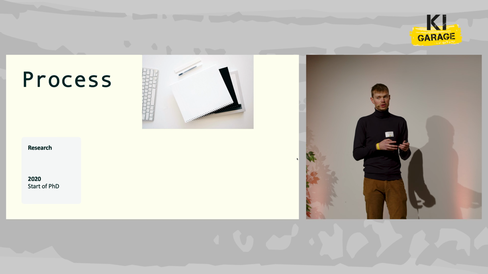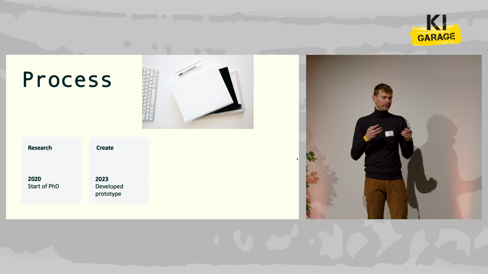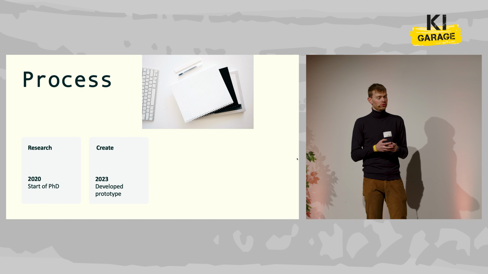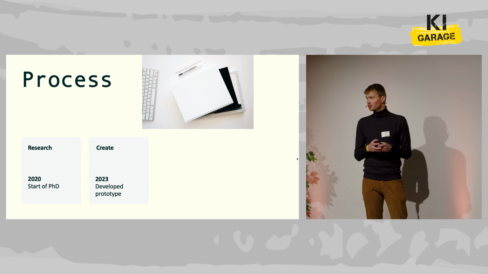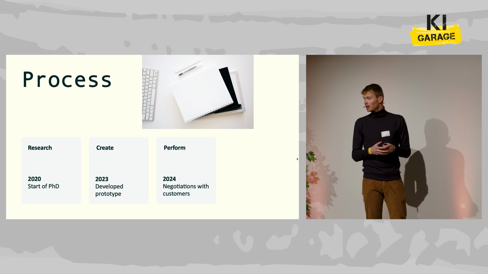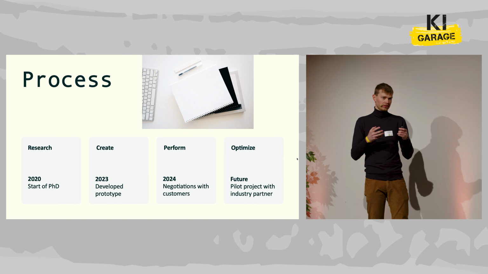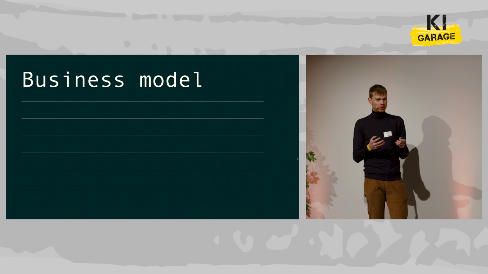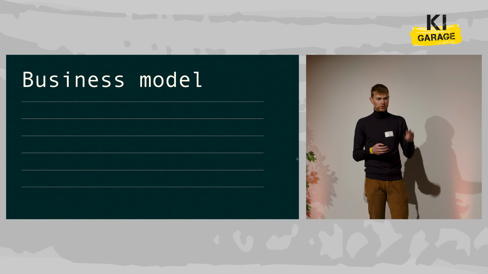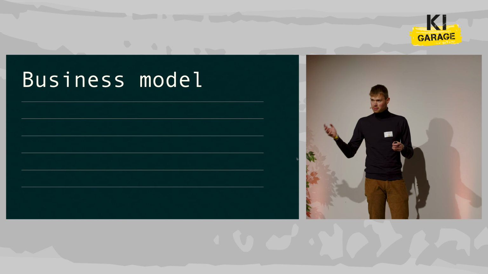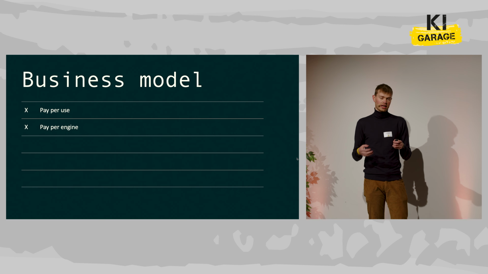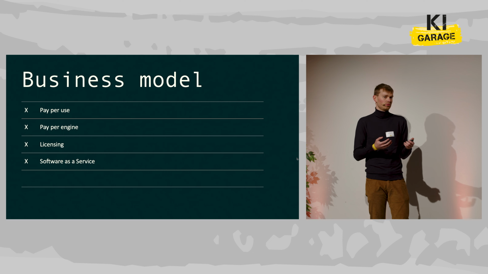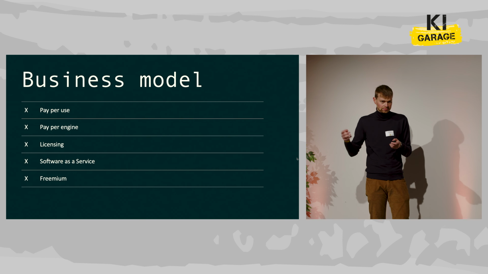And for the future, what is planned? It is a pilot project to evaluate the model and also the whole product. So on the next slide, you will see again the pilot project, because it's mainly about the business model. There are different business models here, like pay-per-engine, pay-per-use, licensing, and so on, but I'm not sure which one to choose.